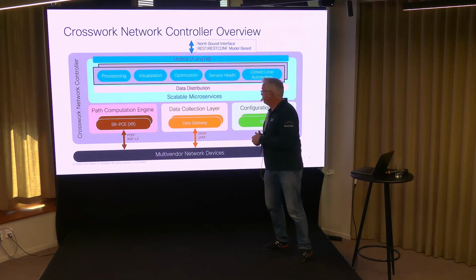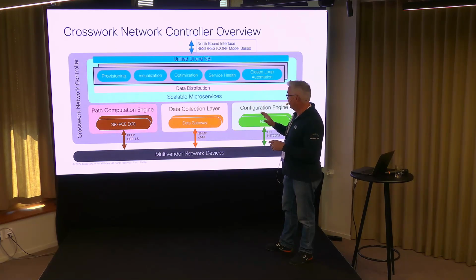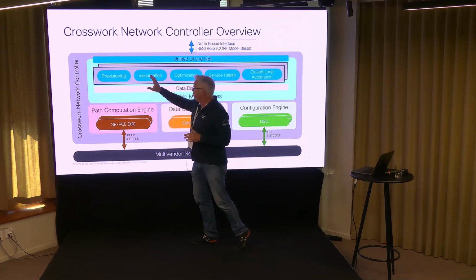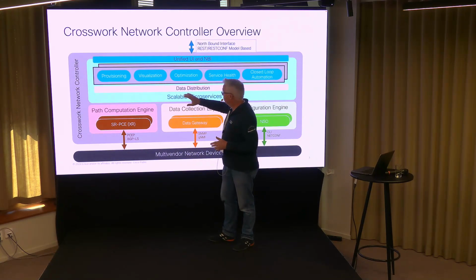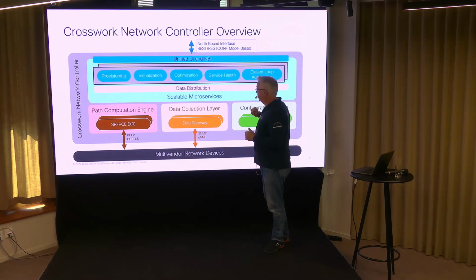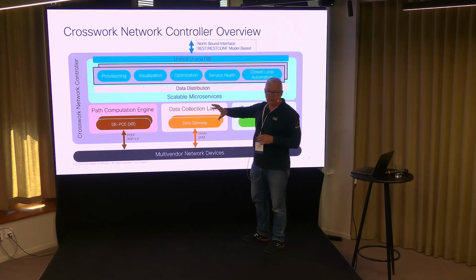A different view, not exactly the same one I showed this morning, but basically what we can do with CNC: provisioning, visualization, optimization, service assurance, and closed loop automation. Provisioning is based on the NSO service model.